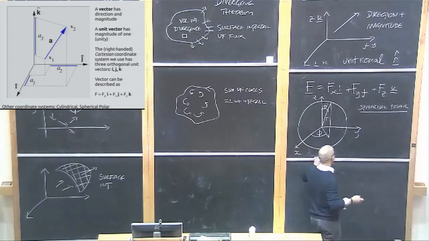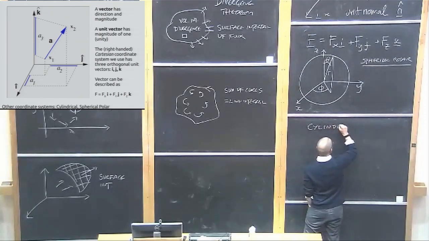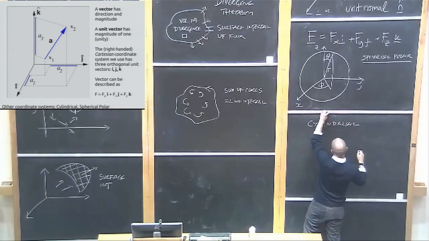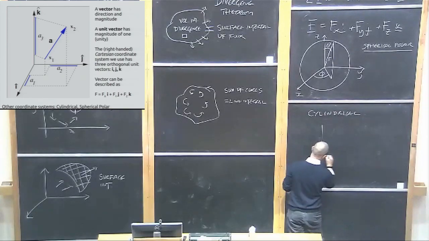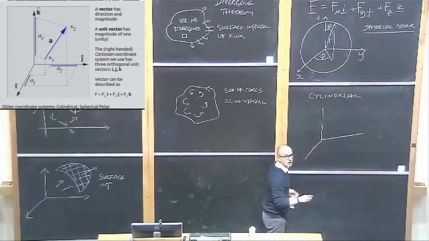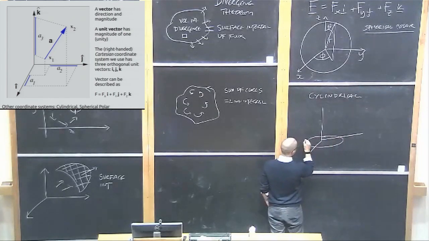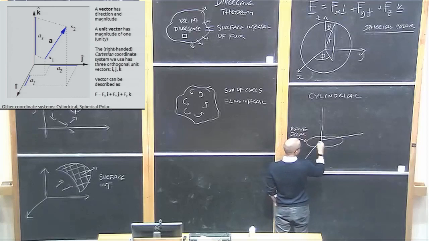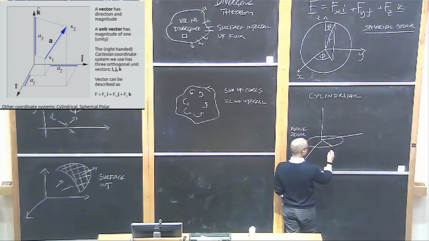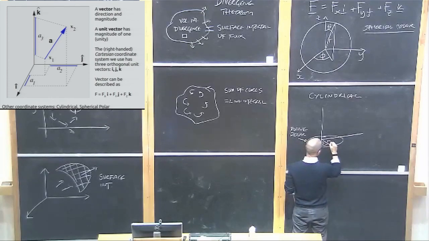And then the other coordinate system which you'll come across is the cylindrical coordinate system, which we don't use as much, where you essentially have a plane polar coordinate system. So in this case, some point is represented by some angle, phi or theta, and some length r.